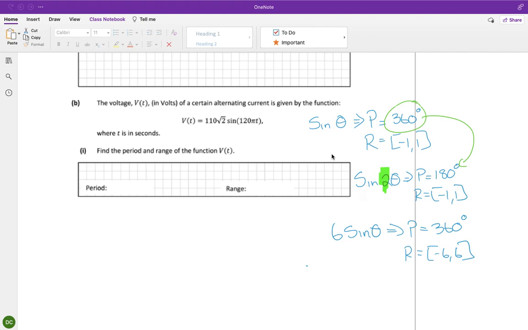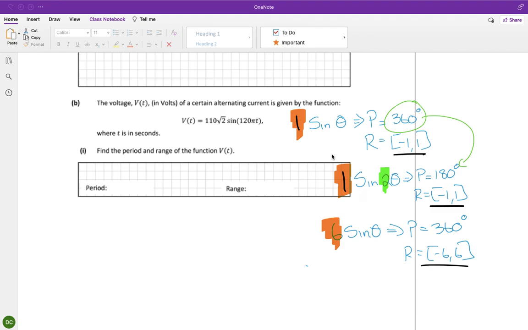And then basically whatever the coefficient is, in that case that is a 1, which is why the range is -1 to 1. Again, here it's a 1, so the range is -1 to 1. Here it's a 6, so the range is -6 to 6. Yeah? So you kind of use that theory.